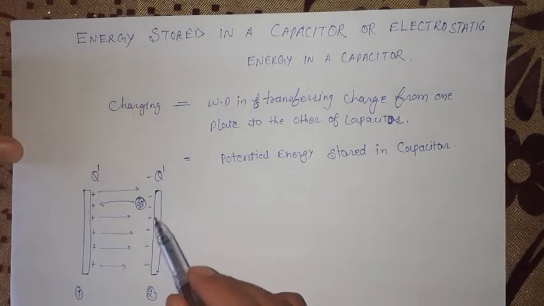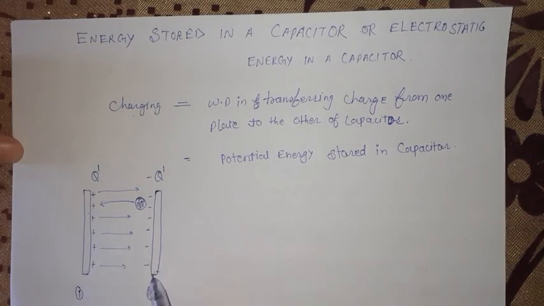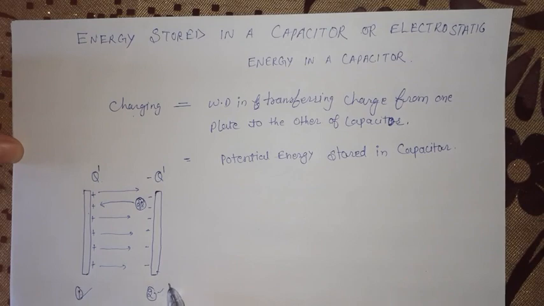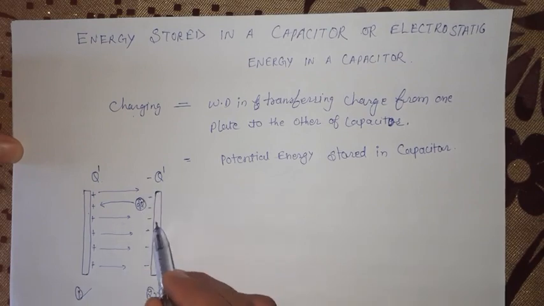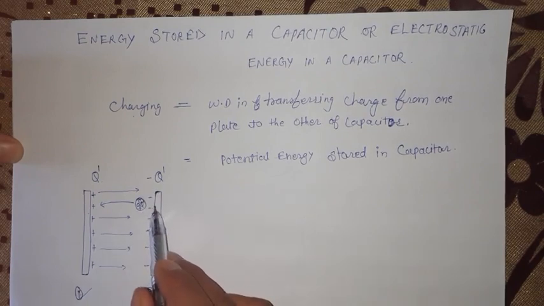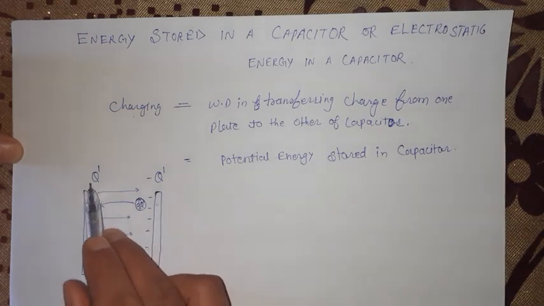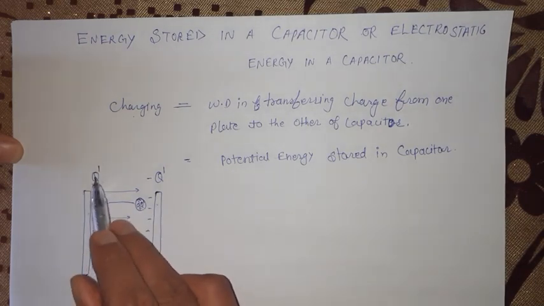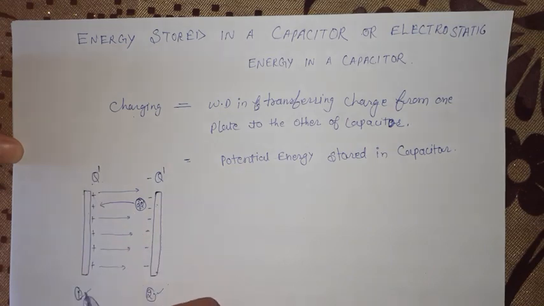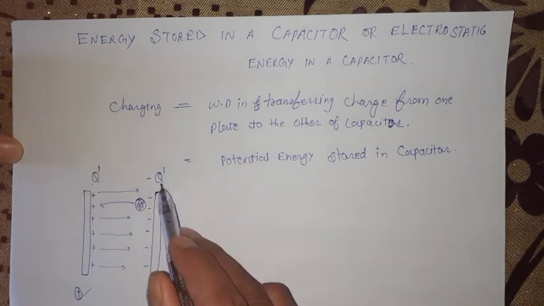So over here I have considered a parallel plate capacitor, this is plate number 1, and this is plate number 2. When I start to move the positive charge, I start to remove it from the second plate. So at any instant, there is q dash charge on the first plate, and on the second plate there is minus q dash.